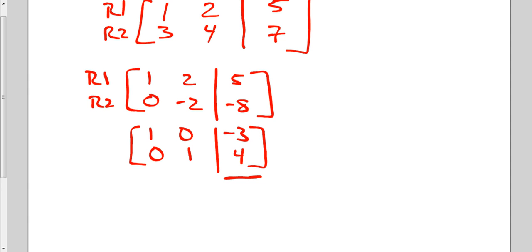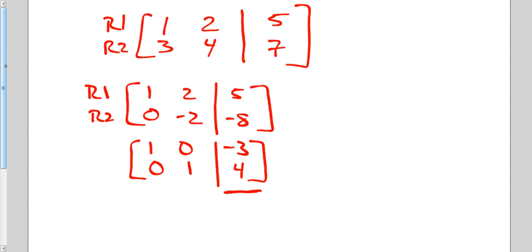Okay? Now, here's what I would say. I could find an inverse matrix, an inverse of this matrix. Now, what does an inverse do? If I found an inverse to, let's call this matrix A right here, 1, 2, 3, 4 is matrix A. If I found an inverse to that matrix, what would that mean?